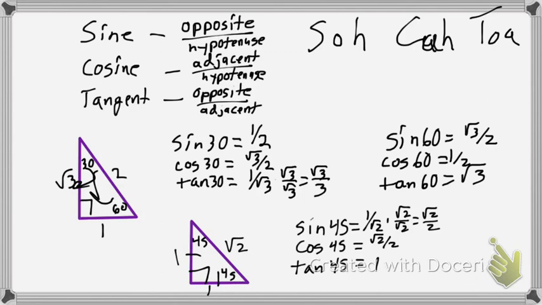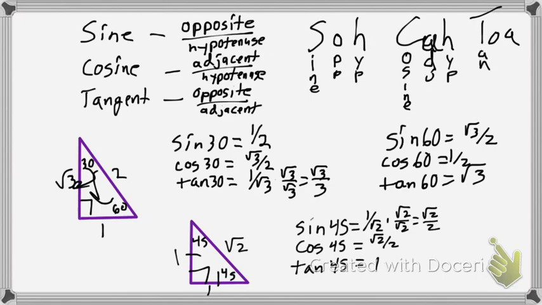A way to remember this is SOH-CAH-TOA. It sounds like some Hawaiian dance chant. But all it stands for is sine is equal to opposite over hypotenuse. Cosine is equal to adjacent over the hypotenuse.